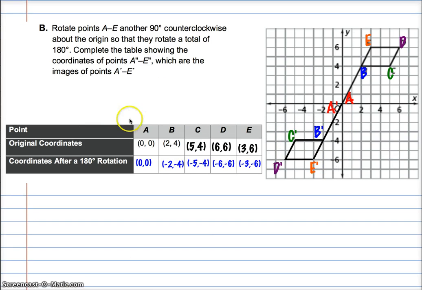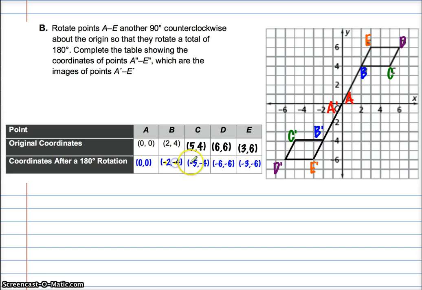Okay, so here's our rotation for 180 degrees, and what you'll notice is it looks like almost the same thing, but just in a different place. So when I look at my numbers, they end up being all the same: 2, 4, 5, 4, 6, 6, 3, 6. Again, the difference is in the signs.